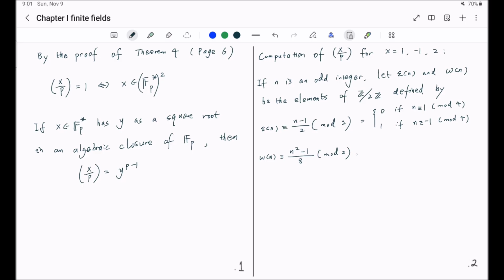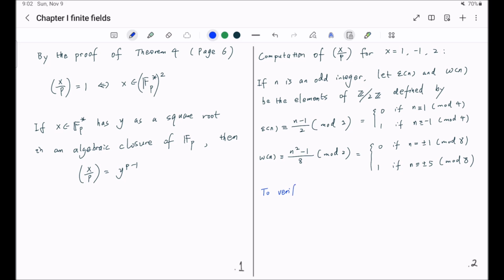And this omega of n is equal to 0 if n is congruent to plus minus 1 mod 8, and is equal to 1 if n is congruent to plus minus 5 mod 8. And this can be verified directly by elementary calculation.